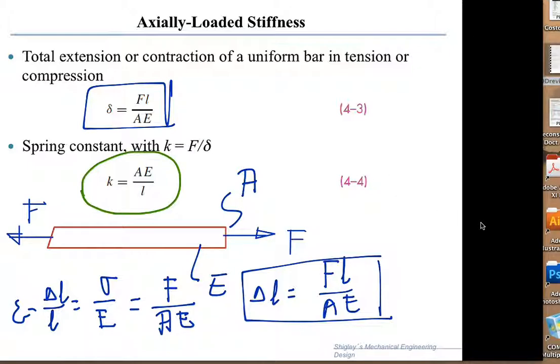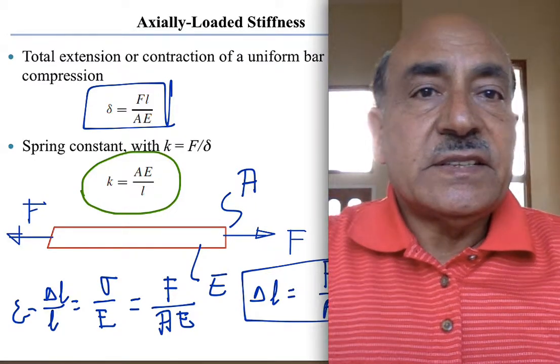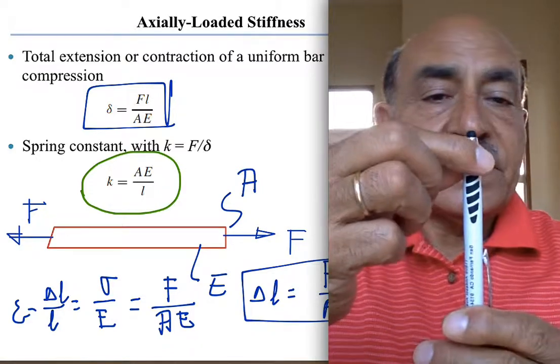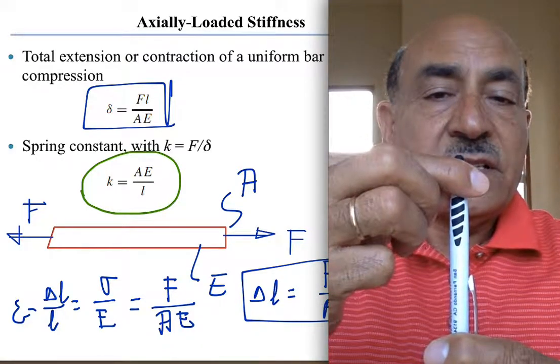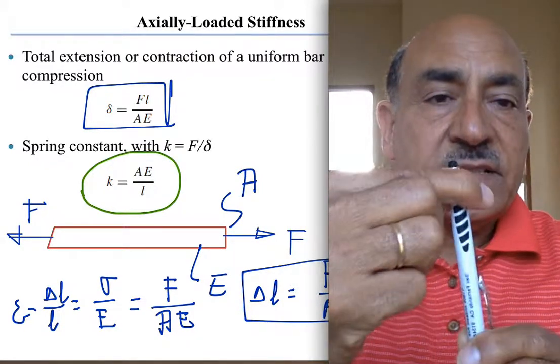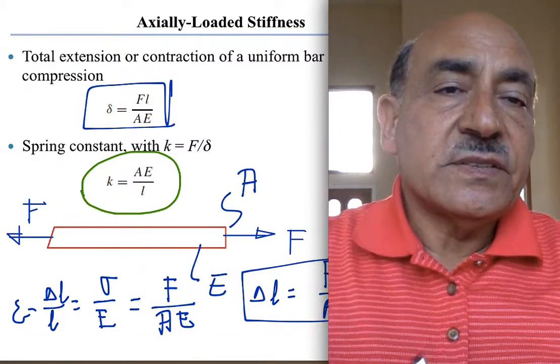Note that the next example that we will see will be for a torsional type of loading. If we consider torsion, for example, a cylinder to which I'm applying a torque, then as the torque increases, the angle of twist will increase.